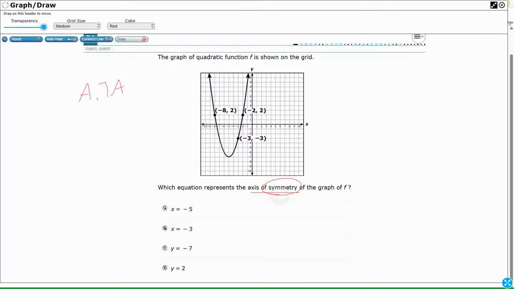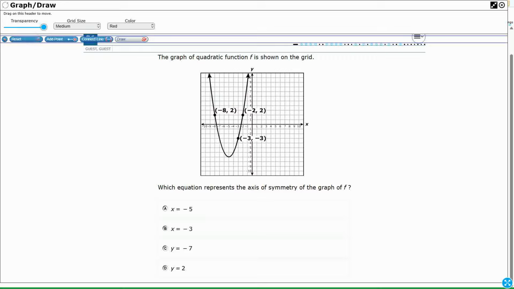How can we draw an imaginary line here and fold our graph in half so that it's the same on both sides? Well, you can't do anything side to side and have that flip upside down, right? If you do something like that, that's not going to work because it's not symmetrical above and below that line. So what we need instead is an axis of symmetry that is vertical.